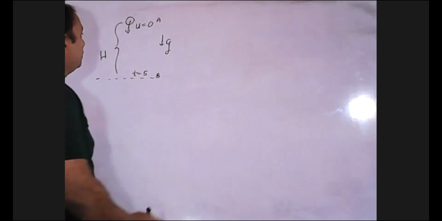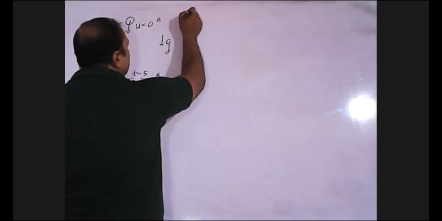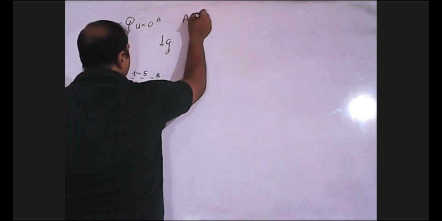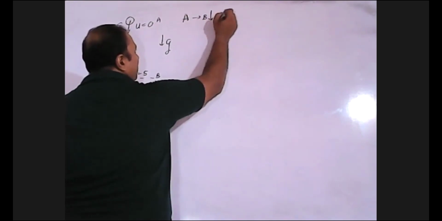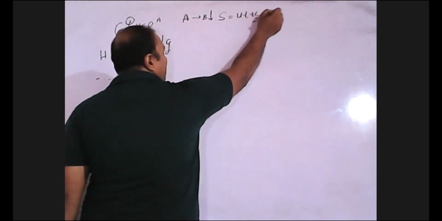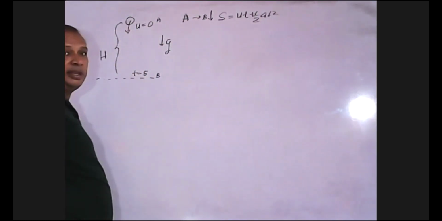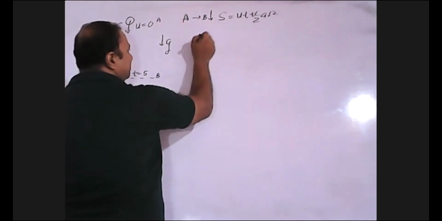So you have to use s equal ut plus half at square, no? From A to B in downward direction, s equal ut plus half at square.